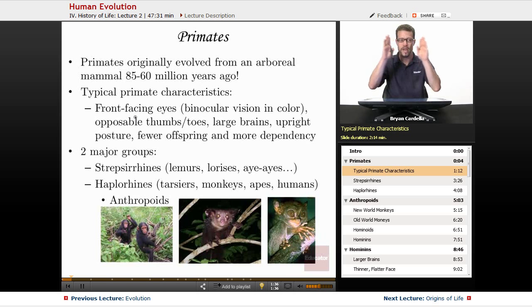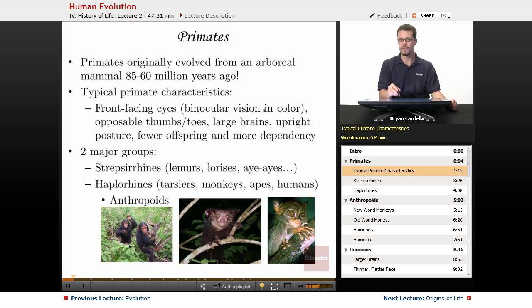We have overlapping visual fields and a better sense of depth. That's important for primates, especially swinging through the trees, knowing exactly how far away that next branch is to catch or whatever is very important. So that's the binocular vision, also called stereoscopic vision.